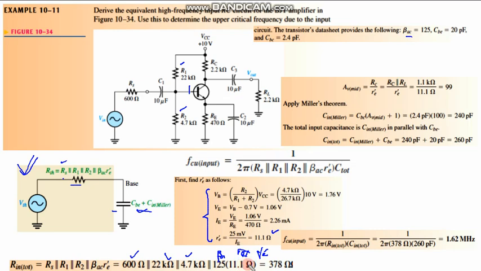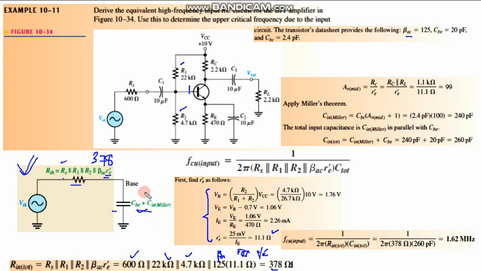When you put the values, the effective resistance comes out to be 378 ohms. The only unknown in this part was to calculate RE prime, and you know the procedure to calculate it.